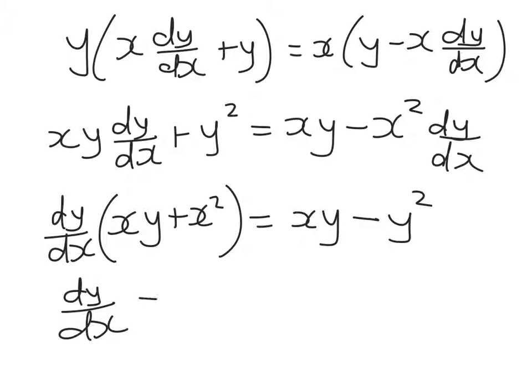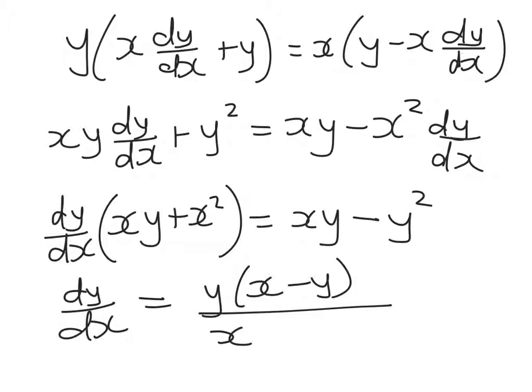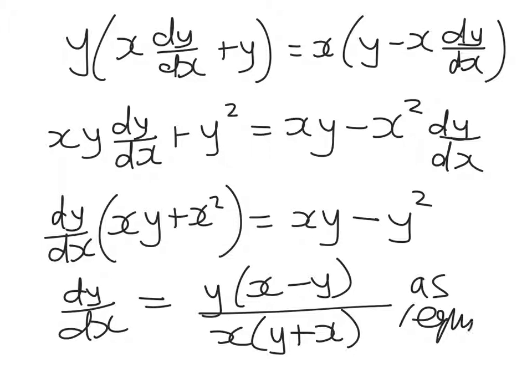So dy by dx is equal to y times (x minus y) divided by x times (y plus x), as required.